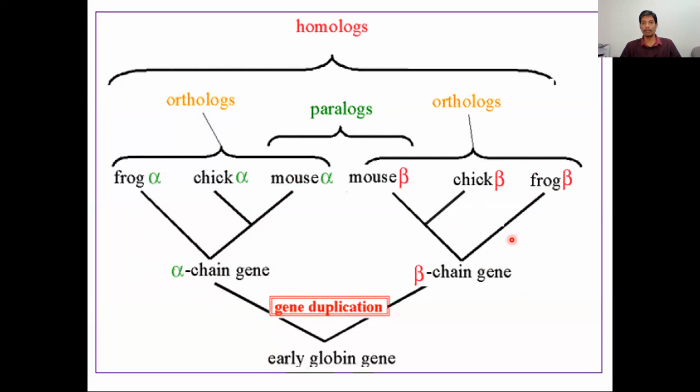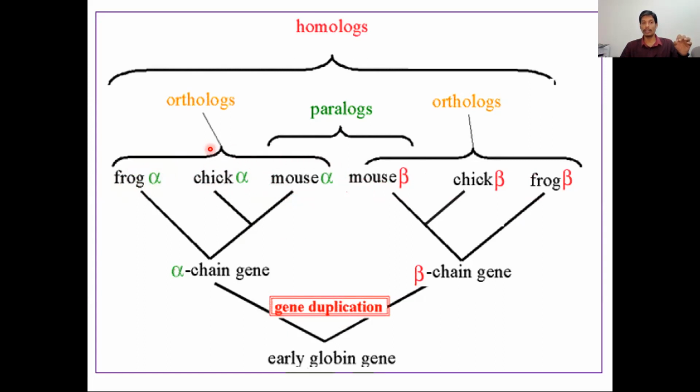Before this, frog evolved, so the duplication was held, and so frog alpha, chicken alpha, and mouse alpha will be the same locus, having some mutations. But compared to all these three, they are all comparatively more similar than the beta.